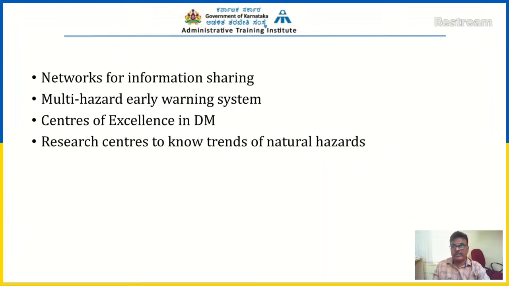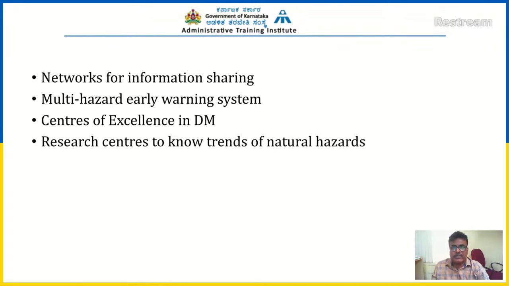Even this information sharing also. We have so many networks, and we use them for information sharing. For example, KSNDMC is there. We have a huge network of rain gauge stations, weather stations, earthquake monitoring stations, and even sensors, landslide sensors, even flood sensors.